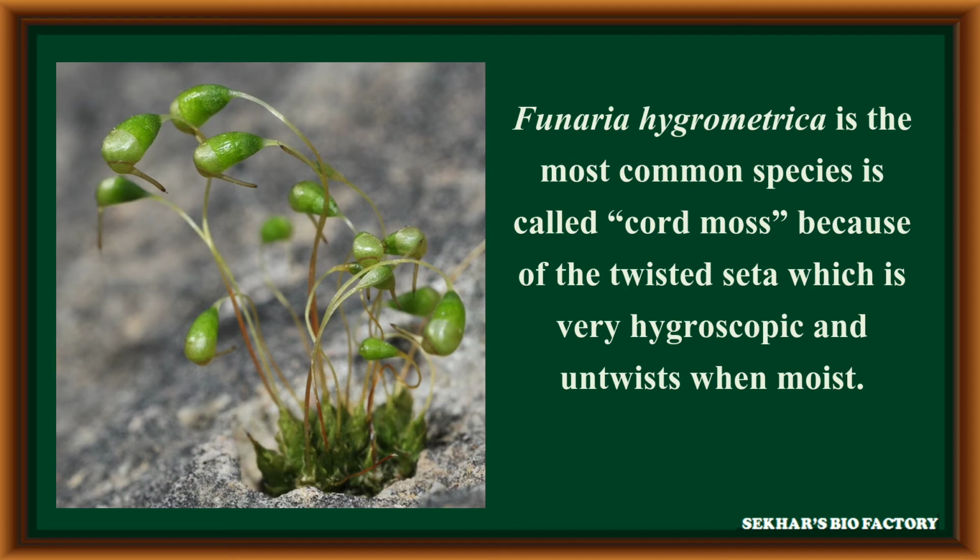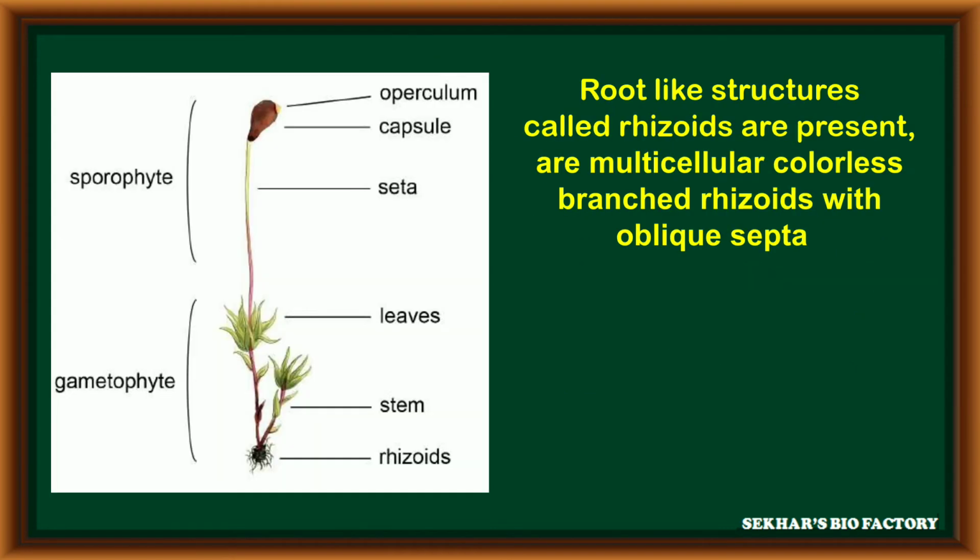Funaria hygrometrica is the common species in this genus. It is called cord moss because it has a twisted seta, which is very hygroscopic and untwists in moist conditions.